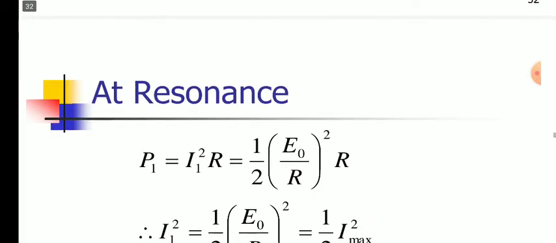So P1 is the power dissipated at the lower half power frequency, for which the power loss is equal to 1 by 2 times the maximum power.